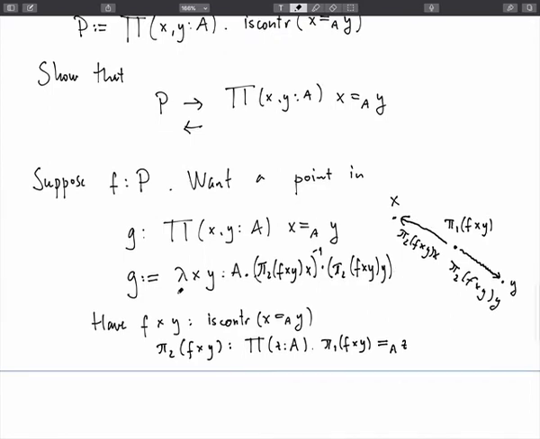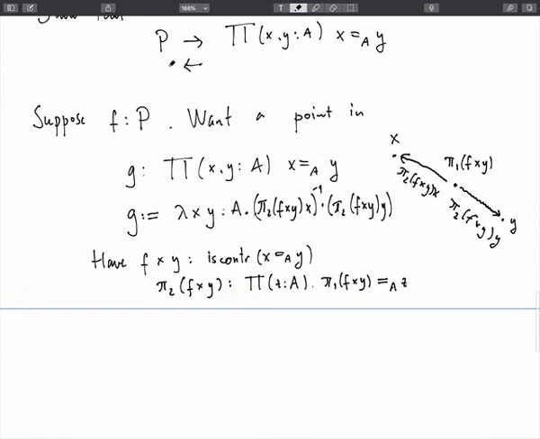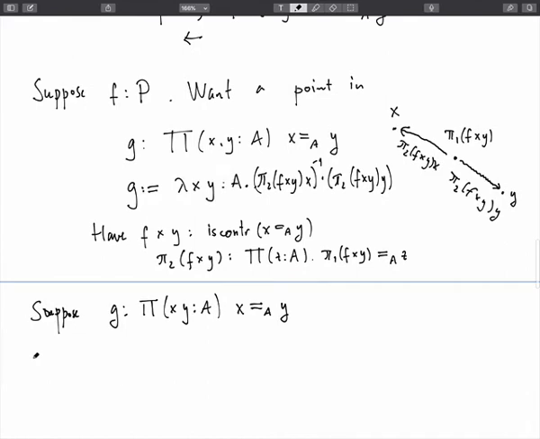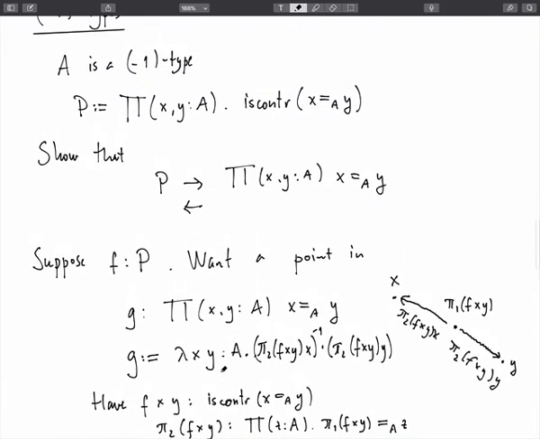Okay, so now we know how to go from P to this space. Given F, I produced a G here. Now suppose the other way: suppose I have G in the product over x, y of x equals_A y, and now we want F in P. Let's write down what P is.